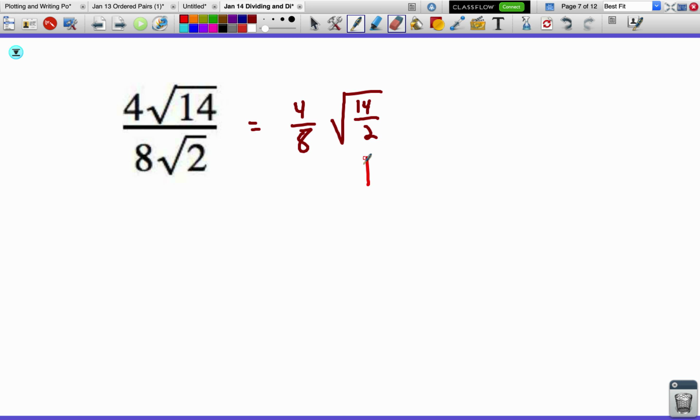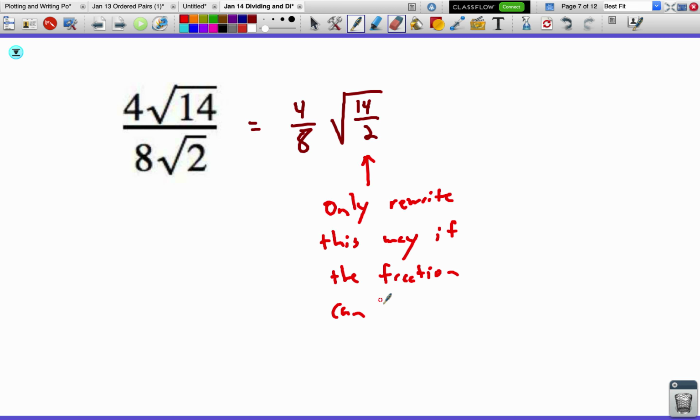Only do this if this can be simplified, so I'm going to write that. Only rewrite this way if the fraction can be simplified.